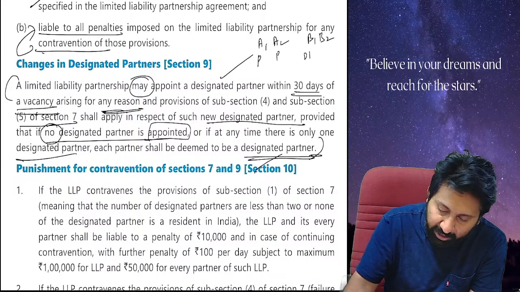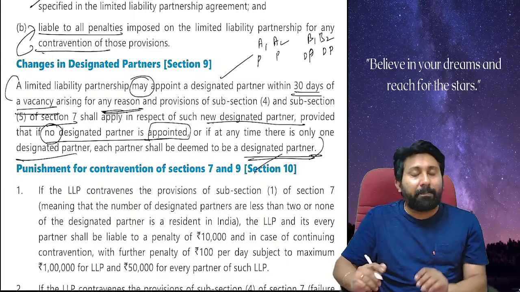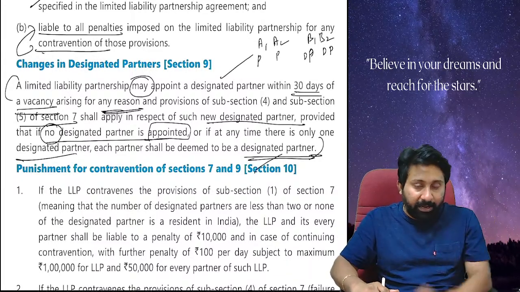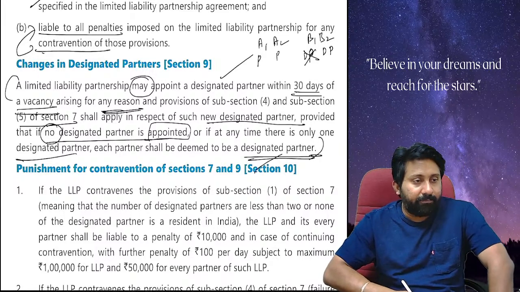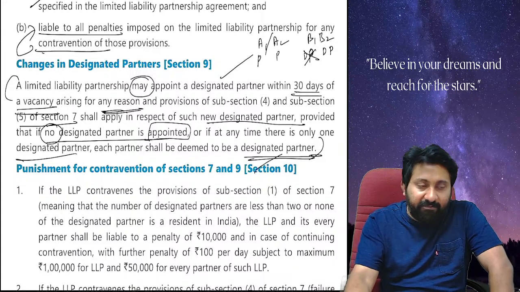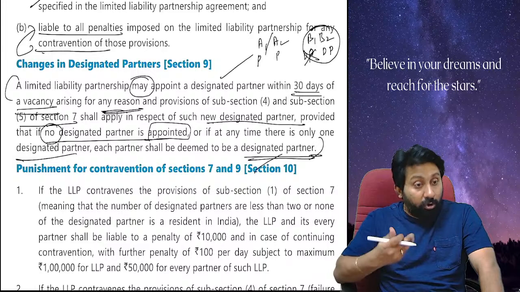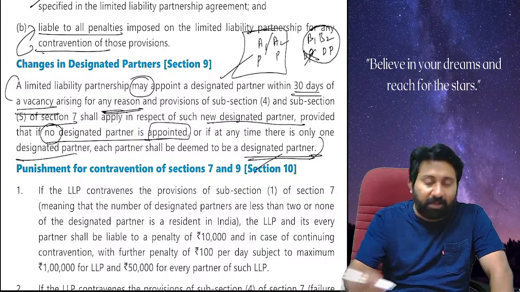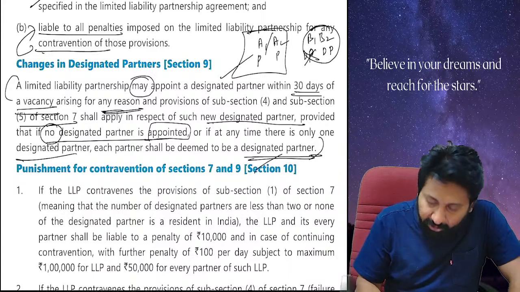B1, B2 are designated partners. Now, how many partners are there totally? 4 partners. In this, B1 went out. Then only one DP is there, right? Any one of them, A1 or A2, should act as a DP. If both of them went, no designated partner. Then both of them will be deemed to be designated partners. That's what he wanted to tell.